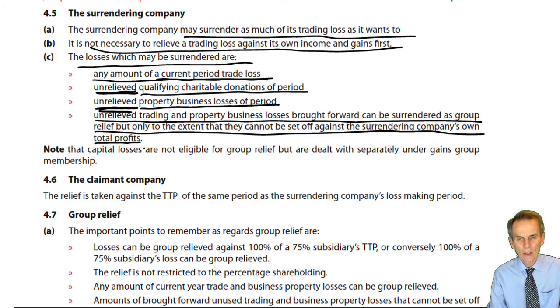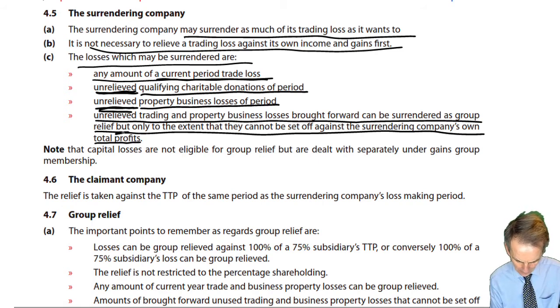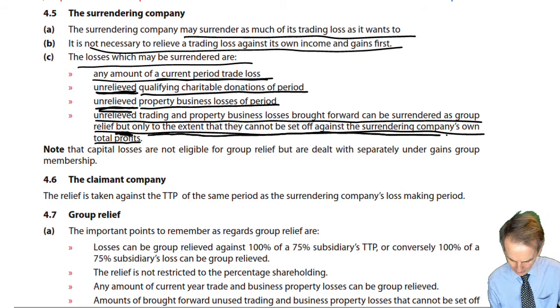So if you have a brought forward loss, be it trading or property business losses, those would potentially be able to be surrendered as group relief in this period to another one of the 75% group members. But the critical issue is that they can be surrendered only to the extent that they cannot be set off against the surrendering company's own total profits.